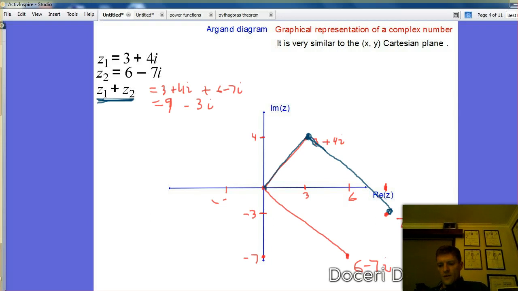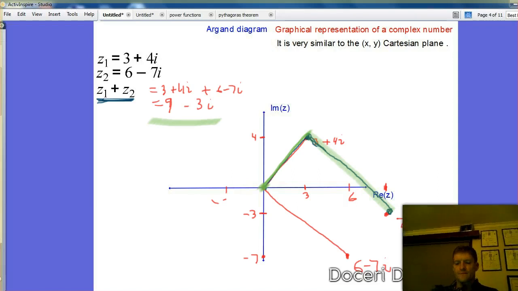So we've travelled from z1 and we've added onto our journey z2 to get to our sum, which is this sum of our complex numbers, 9 minus 3i.